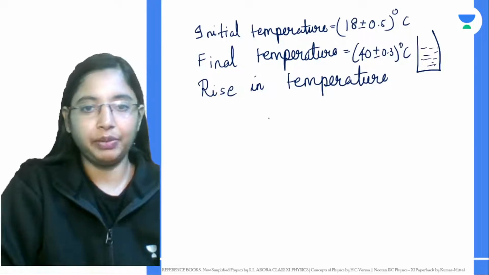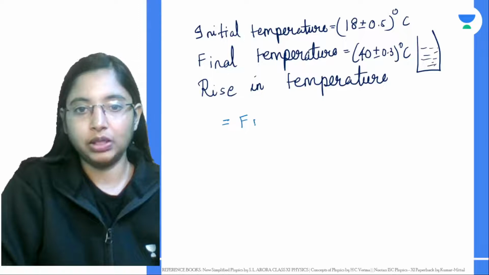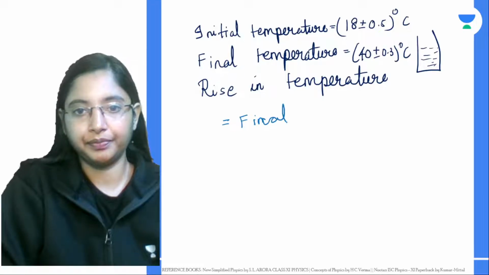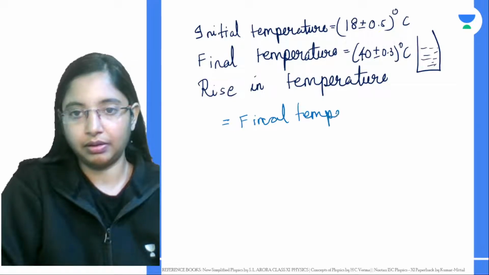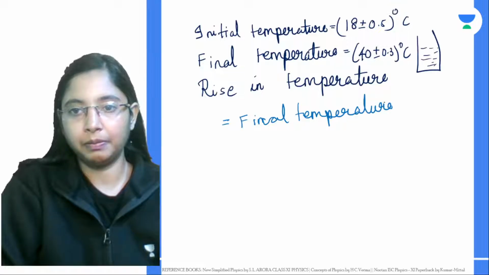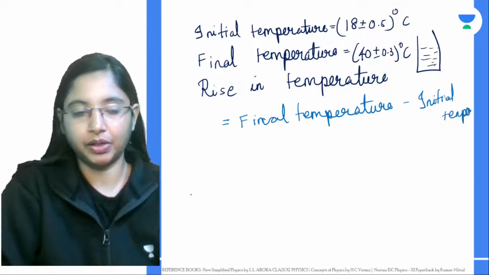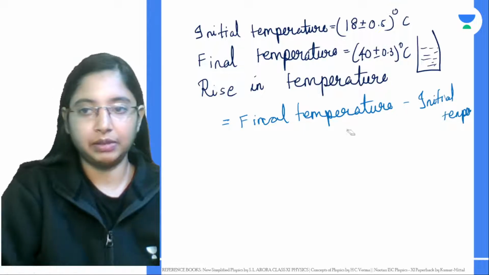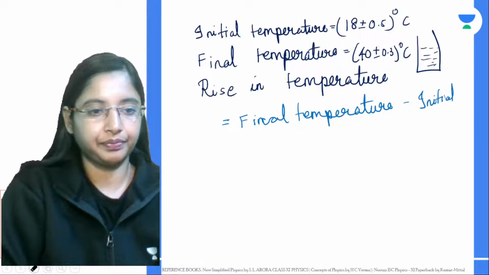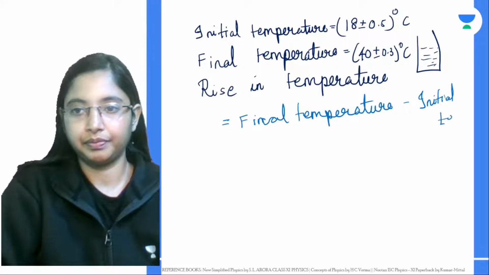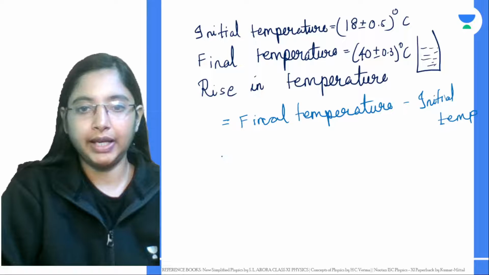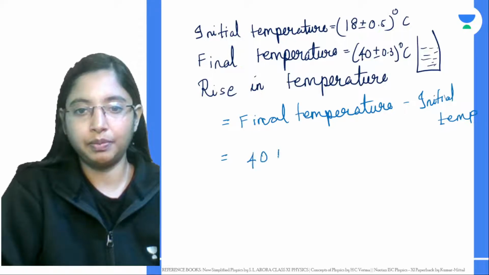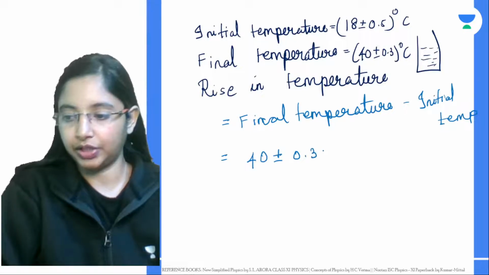Now the rise in temperature is given by the final temperature minus the initial temperature. The final temperature is 40 plus or minus 0.3.